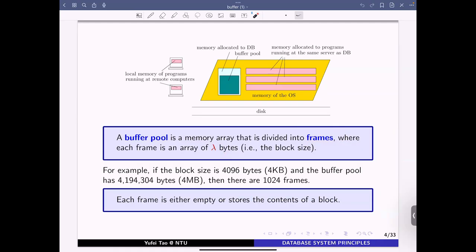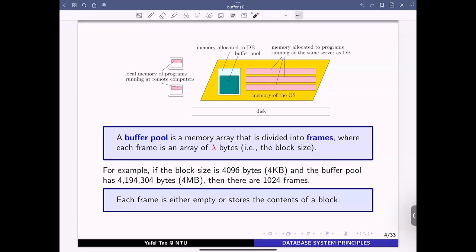And therefore, you can see this is really not a coincidence, because we want to use memory to retain some of the blocks that have been accessed by the database before. So we want to retain those blocks. And therefore, you want to have a one-one correspondence between frames and blocks. In fact, some people just say block, even though they are referring to the buffer pool.